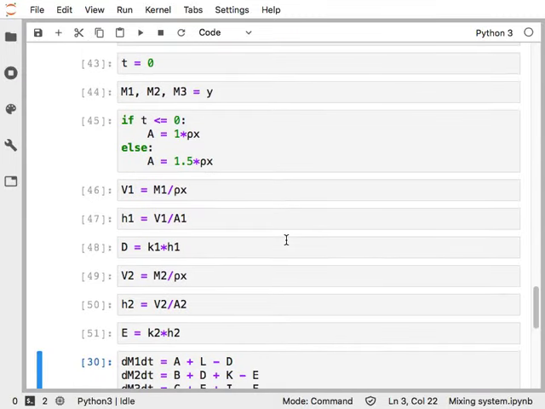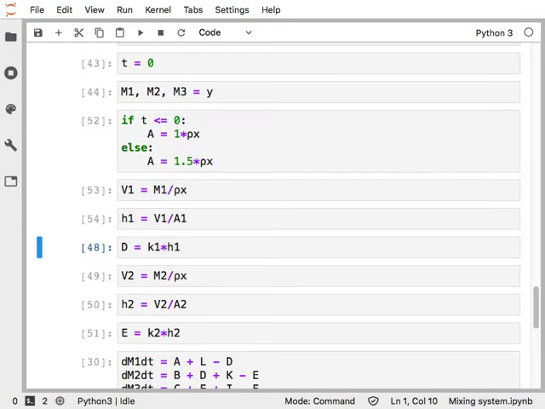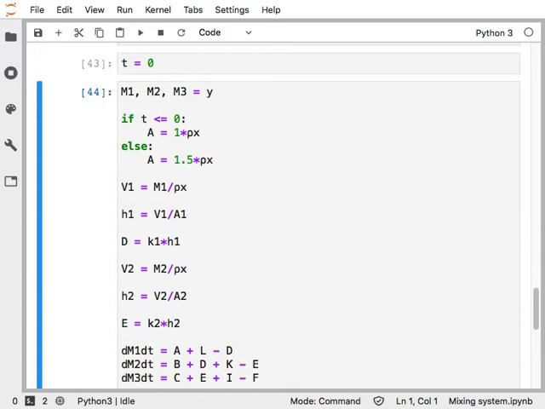So now I know that I've got all the code in place. I can now start wrapping this code, and again, some of the enabling technology here is just knowing how the hotkeys work. So when I press capital M, or Shift M if you want to think about it that way, that will merge these cells all into one cell. And so now that I've tested this code well, I can merge that into one big cell.